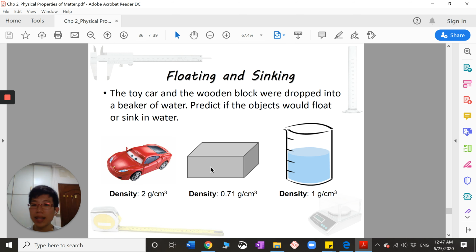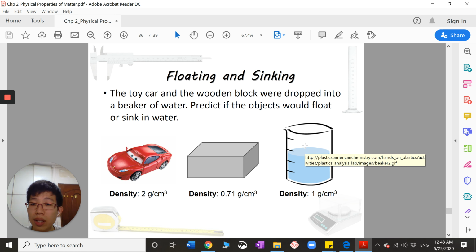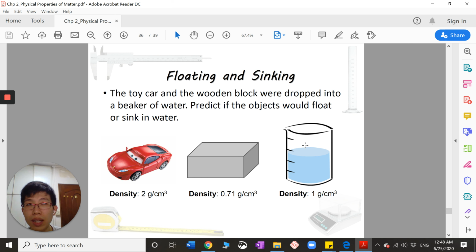Let's say the density of the car is higher than the water over here. That means the car will sink. So if the wooden block over here has a density that is lesser than the water, it will float. So whether it floats or sinks, right, we always need to compare the density between two objects, whether one is higher or one is lower, to decide whether they will float or sink.